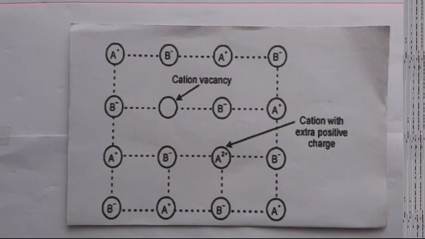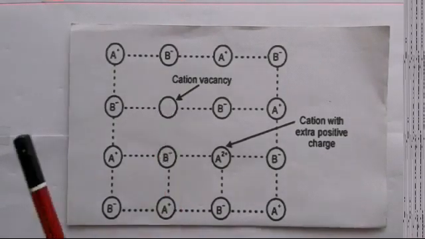In metal deficiency defect, there are many solids which are difficult to prepare in the stoichiometric composition and contain less amount of the metal as compared to the stoichiometric proportion. In some cases, the positive ions may be missing from the lattice sites.